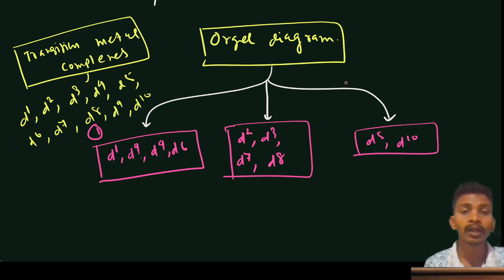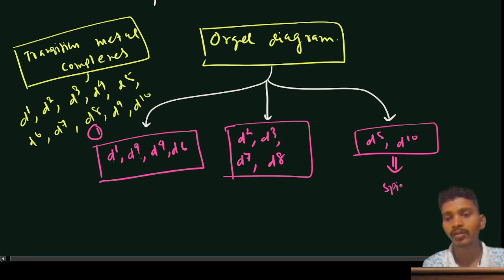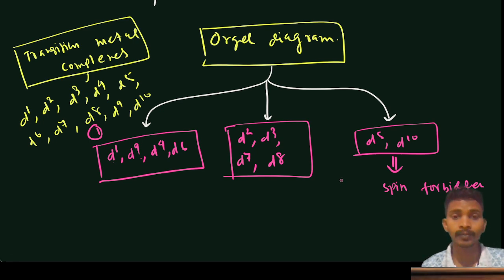Now we'll discuss this. For d5 and d10, there will be spin forbiddenness. We know that if the transition is spin forbidden, then there will be no Orgel diagrams, meaning no peak will be observed.